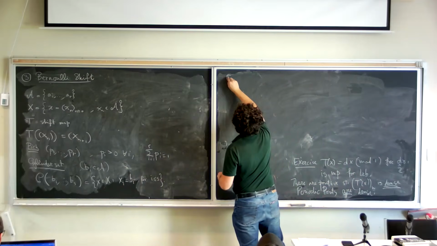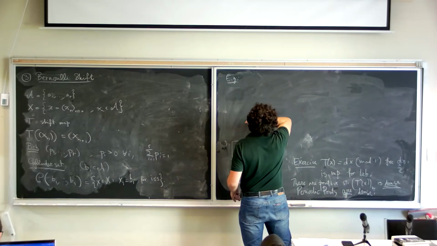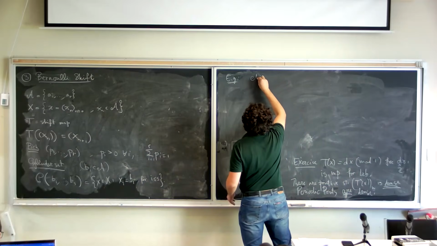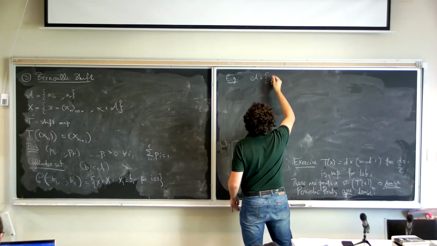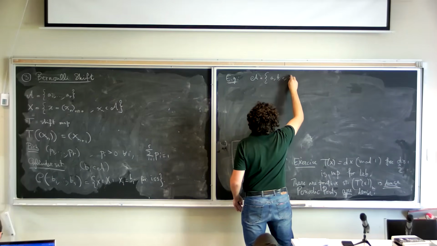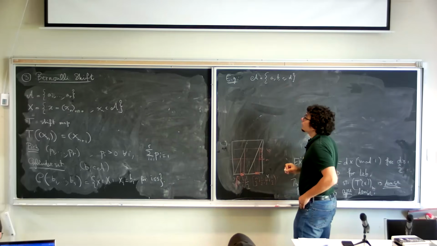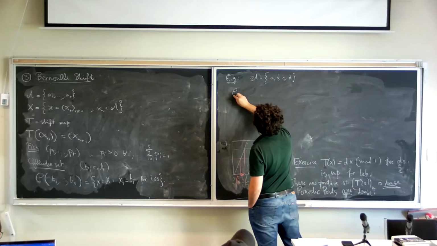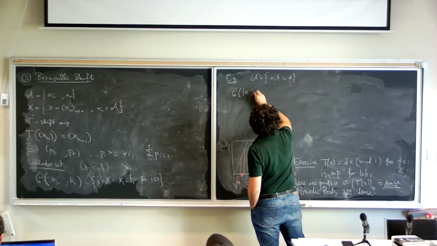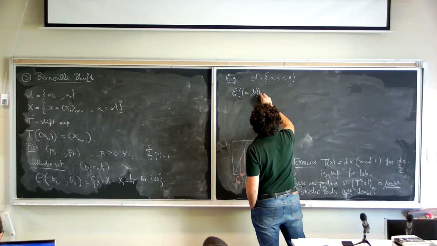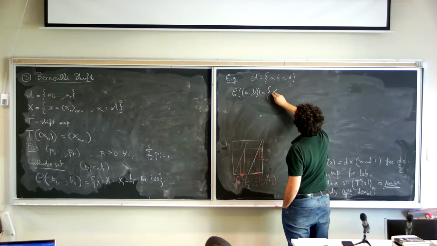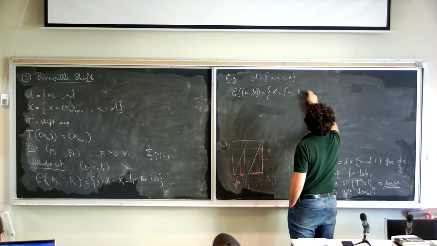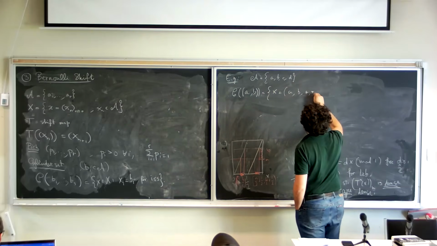So an example would be if A is A, B, C, D, and then we can say C of A, B means a sequence x which starts with A, B, and then you can do whatever you want.